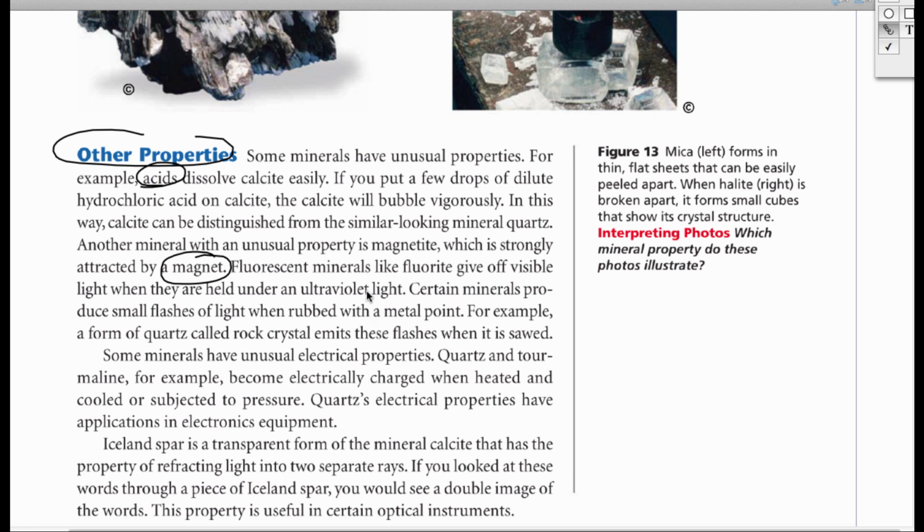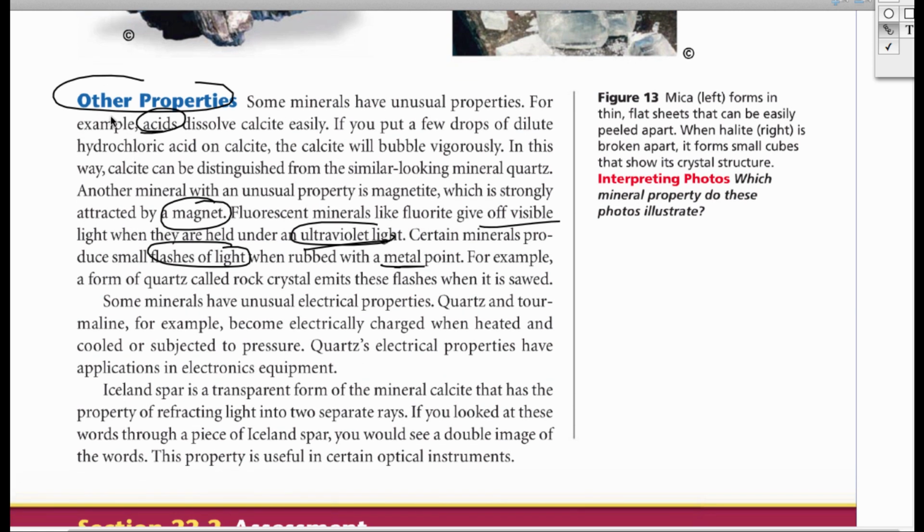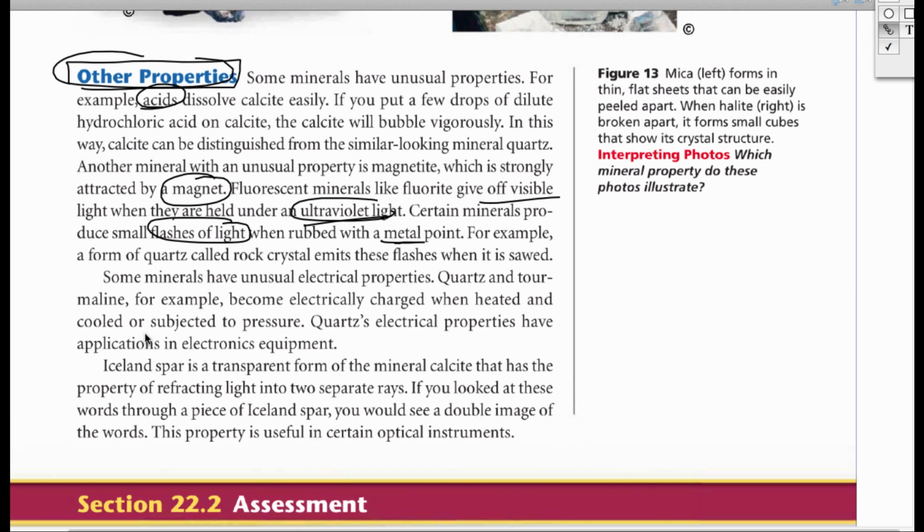The other thing is they might give off visible light when they're held under ultraviolet light. Or if you rub them with a piece of metal, some of them might produce a little spark. So there are other less known properties that can be used as well.